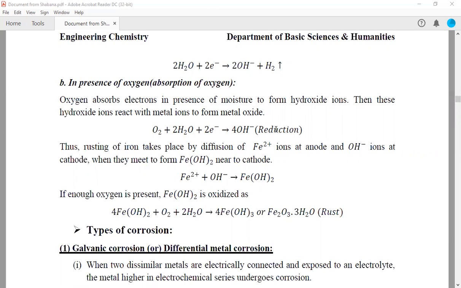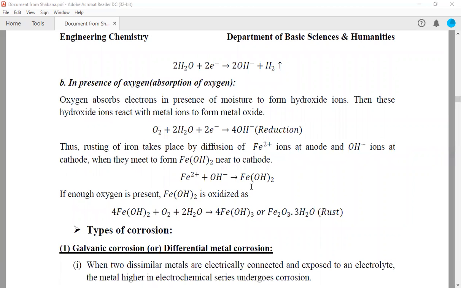These hydroxide ions react with the metal ion formed at the anode to form metal oxides, which form a yellow colored substance called yellow rust.